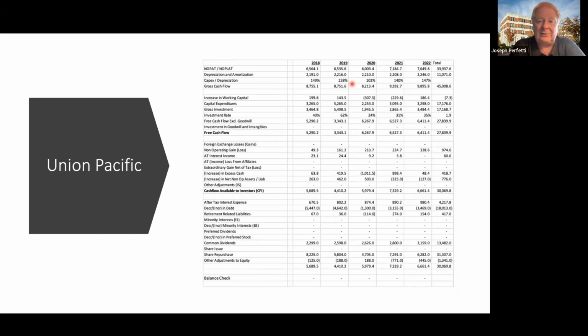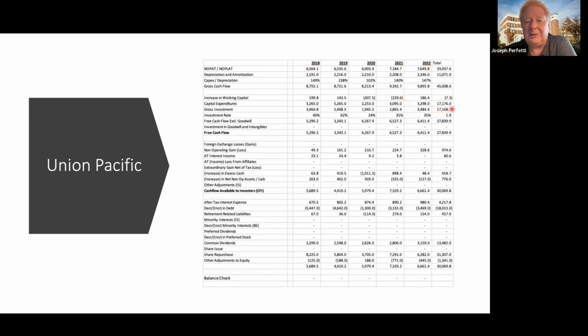And you can see that those improvements of gross margin took their NOPLAT, which was $6.5 billion in 2018, up to $7.7 billion in 2022. And despite the dip to $6 billion during COVID in 2020, it recovered pretty well. It is now much higher than it was in 2018. Okay.